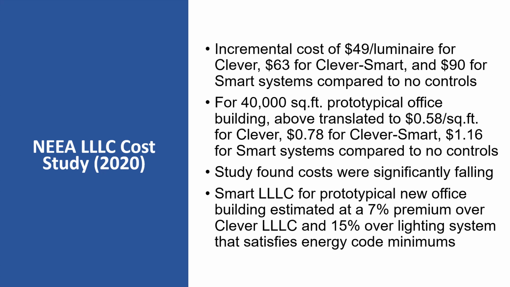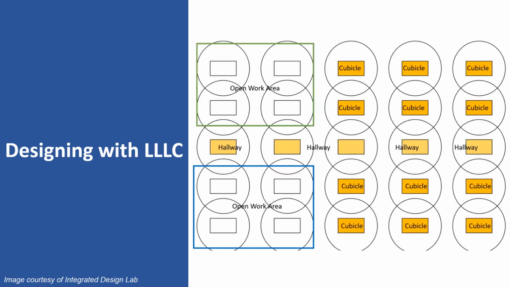In new construction, the incremental cost of making the lighting system "Internet of Things ready" with a smart LLLC for a prototypical office building is an average 15% higher than a lighting system that satisfies code minimums and 7% higher than a basic luminaire-level lighting control system that maximizes energy savings.